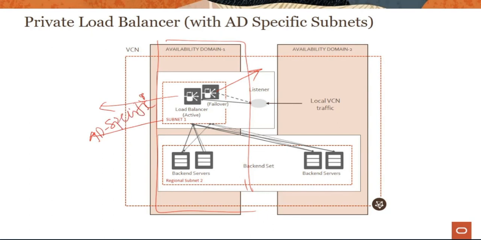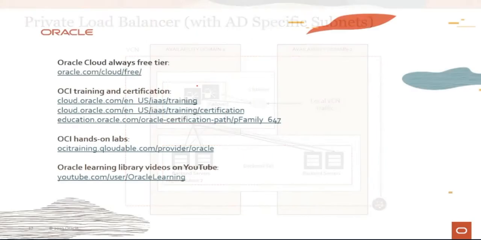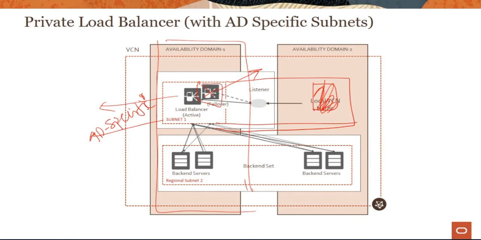So hopefully now you can see why we advise you to create a regional subnet, so we can create a failover copy in another AD. If you have an AD specific subnet, at least with the private load balancer, the failover copy gets created in the same AD. So with that, hopefully this gives you a quick overview of the private load balancer.